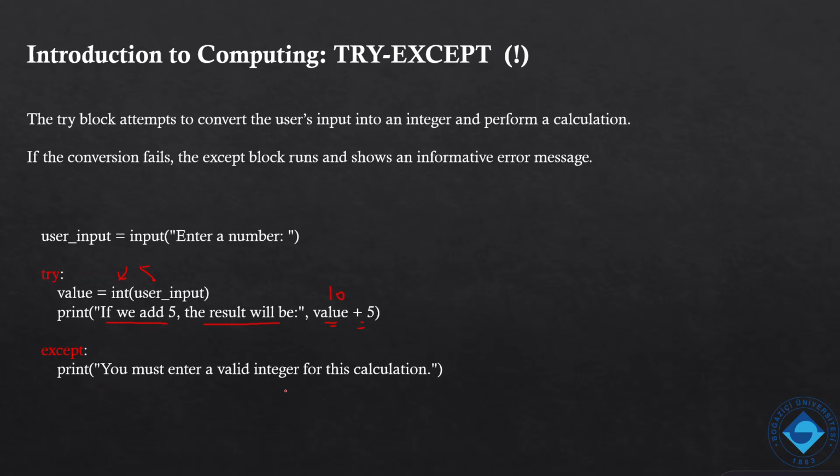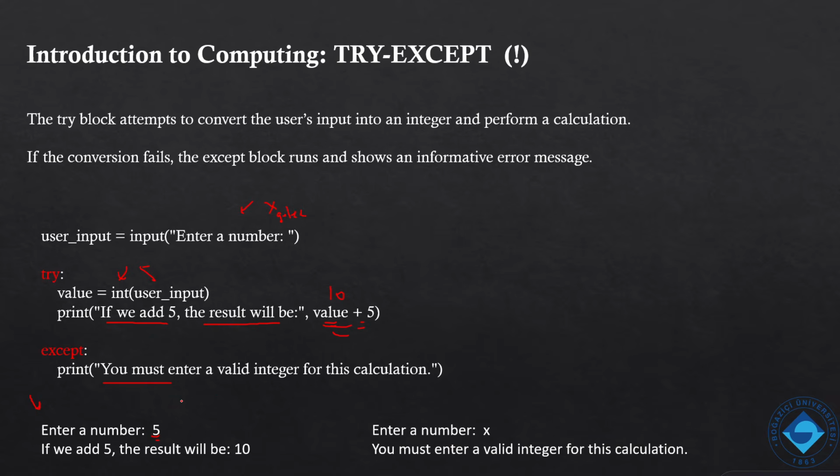But if I put some string here like X or my surname, it will not calculate this value. Then it will give an error, so it will print: "You must enter a valid integer for this calculation." For example, here we give 5 and it returns "if we add 5, the result will be 10."